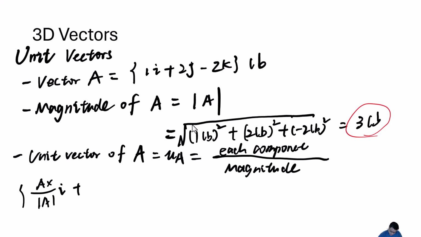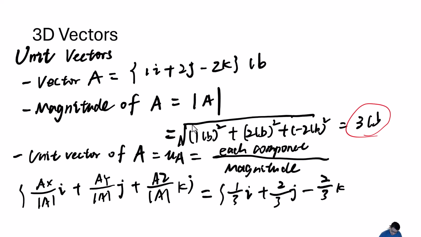So it will be 1 over 3 i plus 2 over 3 j minus 2 over 3 k. Now, why do we call this vector a unit vector? Because the magnitude of the unit vector equals 1.